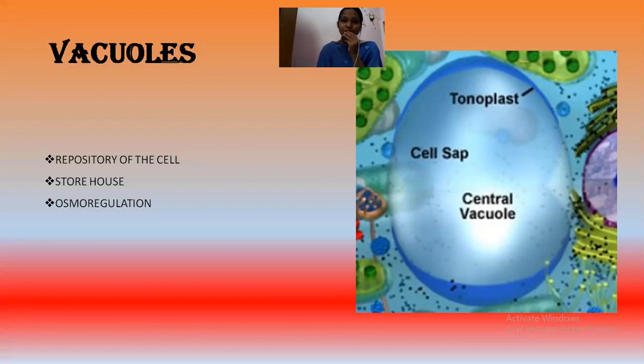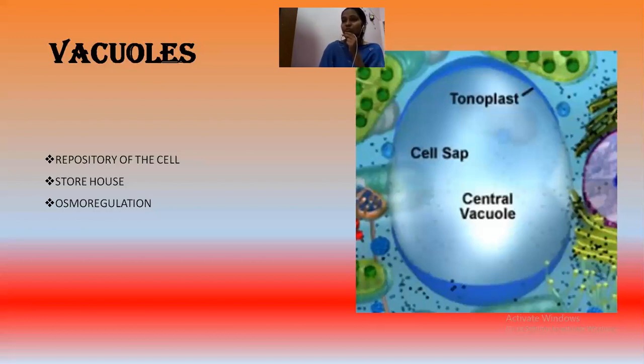Vacuoles are called the repository of the cell. Even in the CAM cycle, malate is stored in the vacuole at the time of night. So just like this, vacuoles are useful for the storage of various substances. That's why the vacuole becomes the repository and storehouse of the cell.